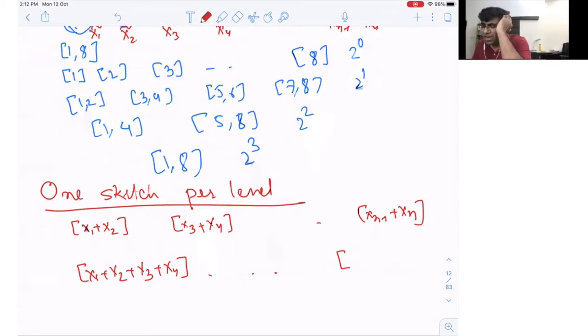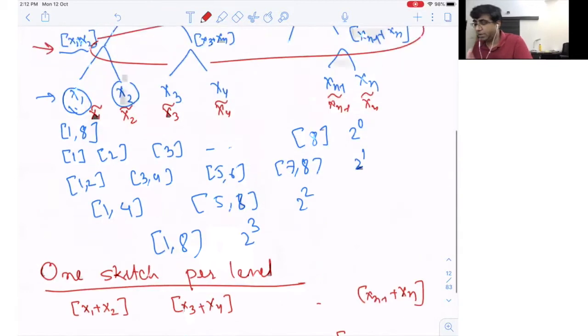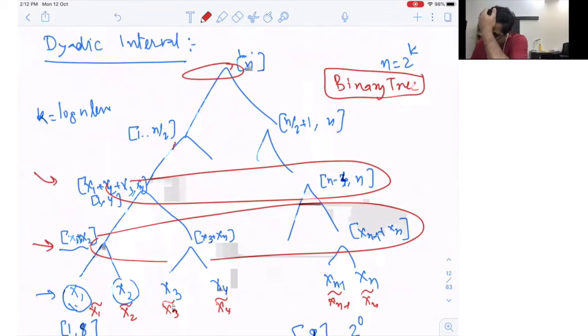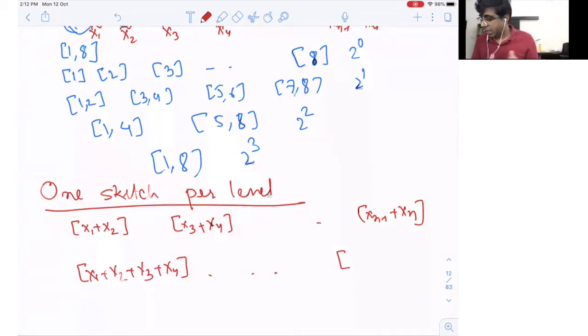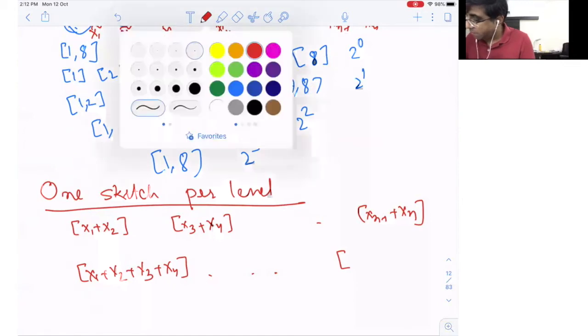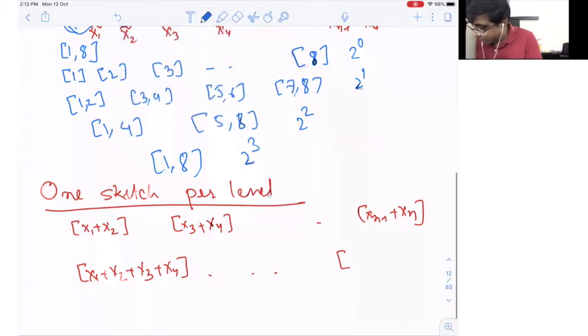Now, why is it helpful? Even if I did all these things, why is it helpful? What is not very evident is that if you give me any continuous interval, I can break it down into some of these intervals, at most about log n of them. We'll prove that, but that is the idea. You give me an i comma j, and now I have to compute xij, which is what you wanted to estimate.